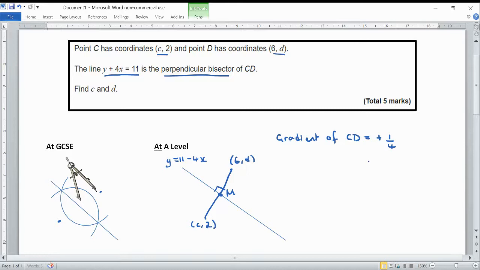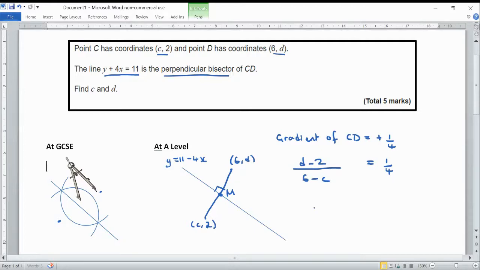You also know from school how to work out the gradient between 2 points. It's the difference in y, the change in height, divided by the difference in x. So the difference in y, which would be d take away 2, divided by the difference in x, which would be 6 take away c, should equal a quarter. And that's an equation for us to solve. So we could cross multiply.